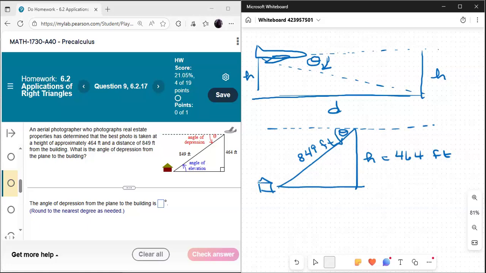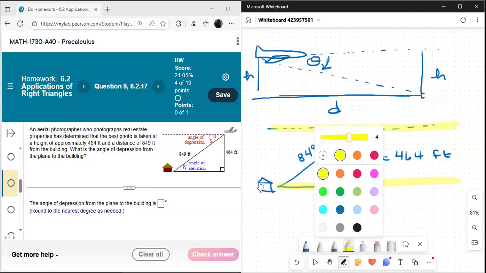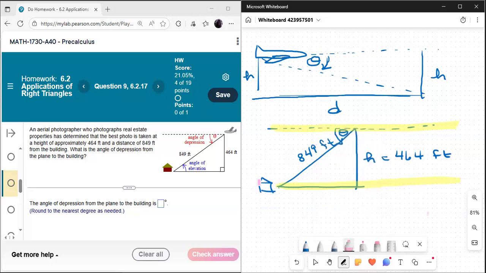What is that angle? Now, if you recall about 2 parallel lines that are cut by a transversal, we do have that. Here's one line and here's the other parallel. And the transversal is this line right here. And so the rule is that any 2 parallel lines that are cut by a transversal will form some congruent angles.